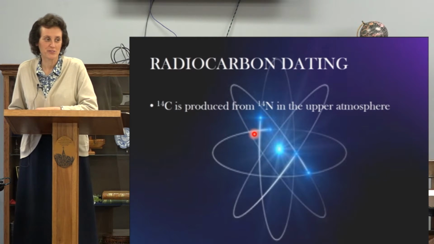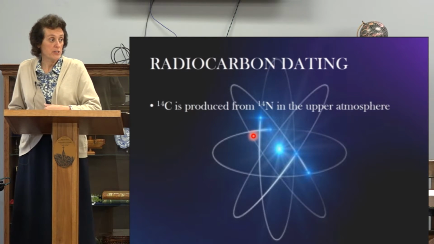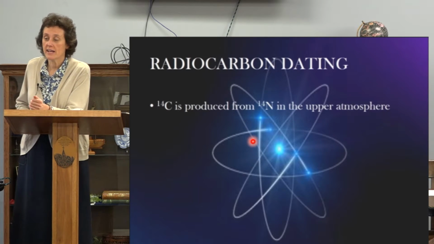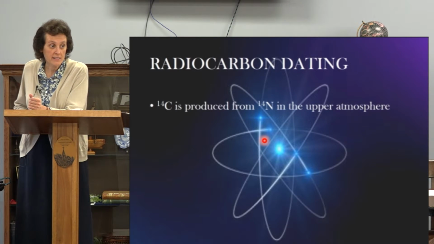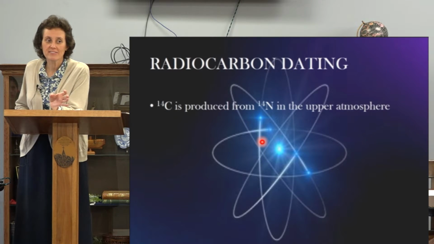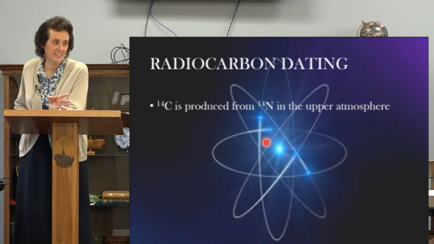But we do have carbon dioxide in the atmosphere, and some of it is made with carbon-14 instead of carbon-12. This radioactive carbon sounds bad, but it's really not enough radioactivity to do anything. A lot of it will be incorporated into carbon dioxide.